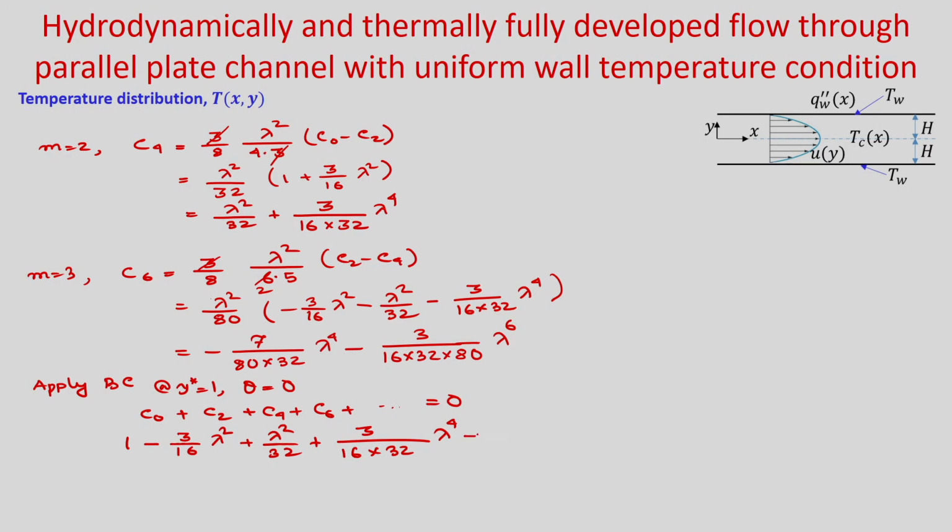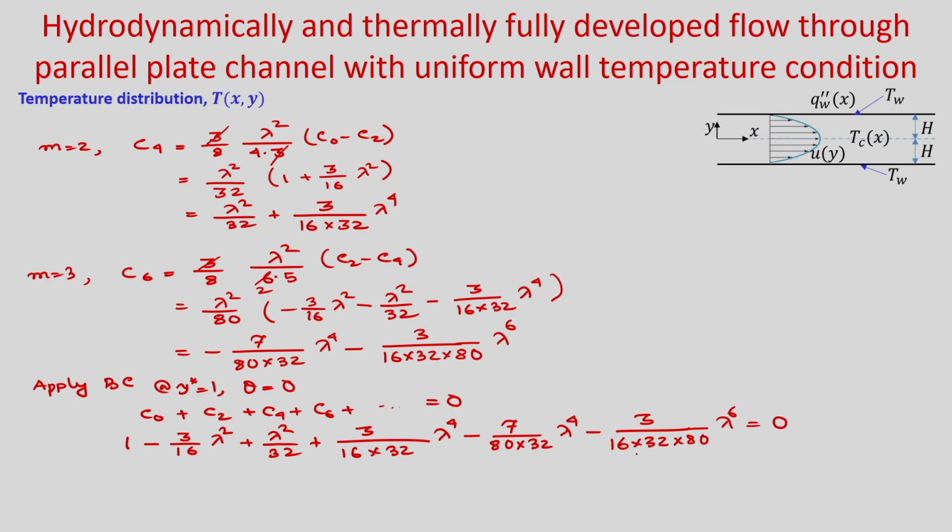So it will be minus 7 by 80 into 32 lambda to the power 4 minus 3 divided by 16 into 32 into 80 lambda to the power 6 is equal to 0.